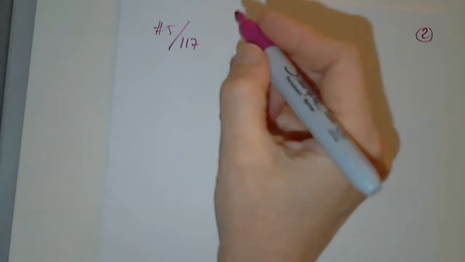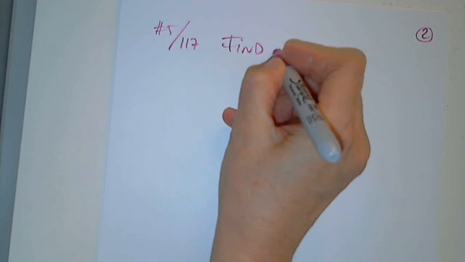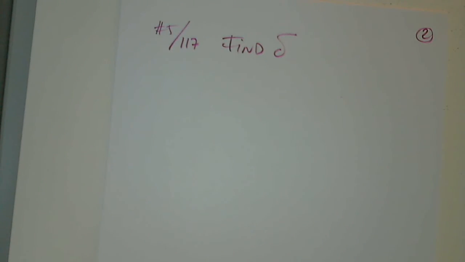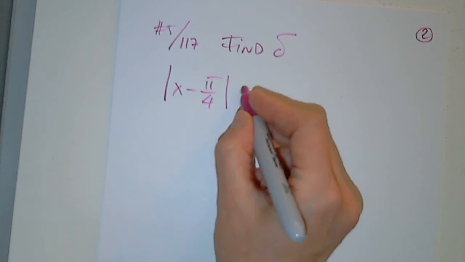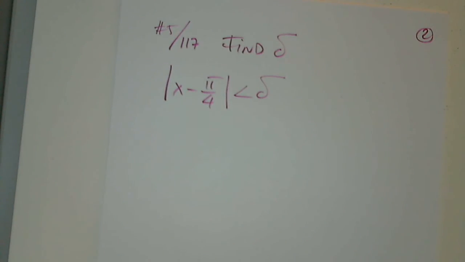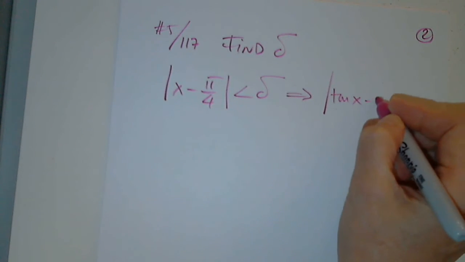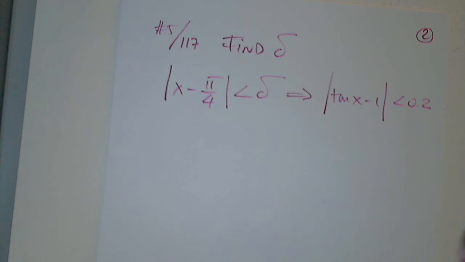It says use a graph, and there is a graphing calculator symbol next to it, of course. Use a graph to find delta such that if the absolute value of x minus pi over 4 is less than delta, that will imply, as part of the epsilon delta definition, that the absolute value of tangent x minus 1 is less than 0.2.